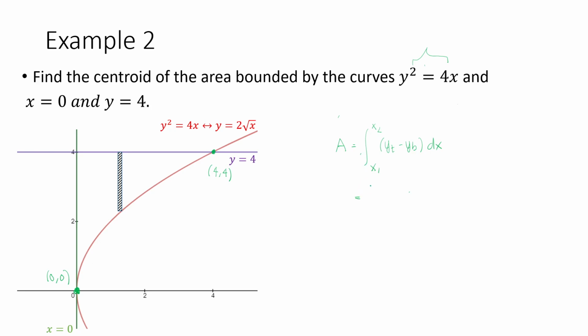Okay, and then the area would be equal to, so y top is the purple graph, that would be just 4, and then minus the red graph, which is 2 square root of x, and then dx. So this would be from 0 towards 4. Okay, and then the answer would be again in square units.